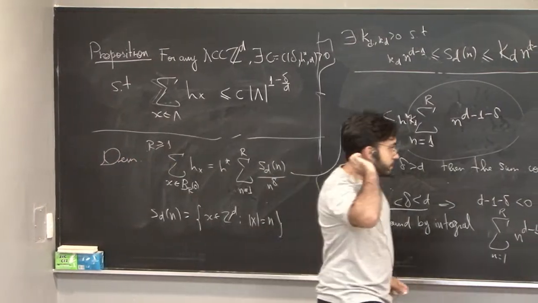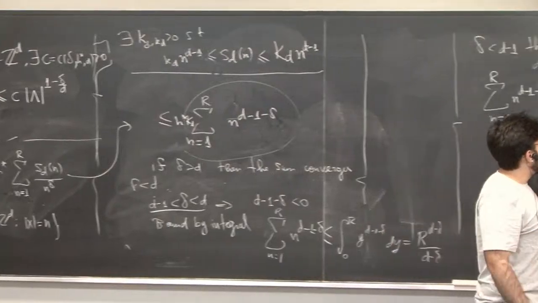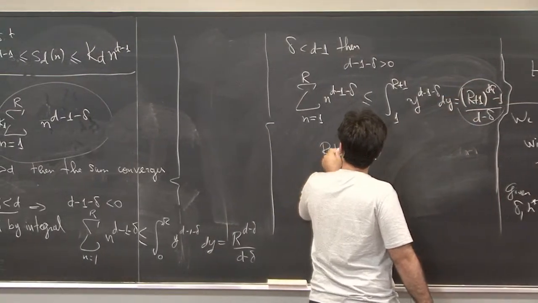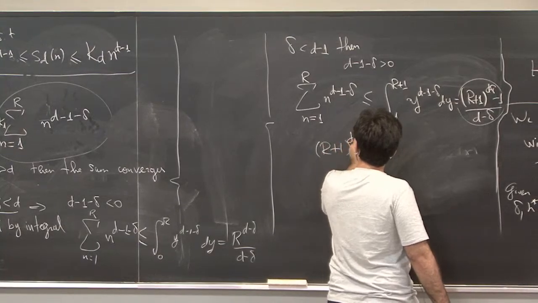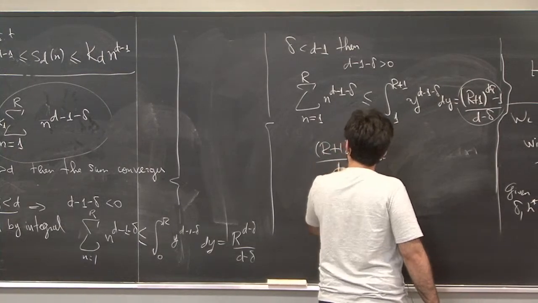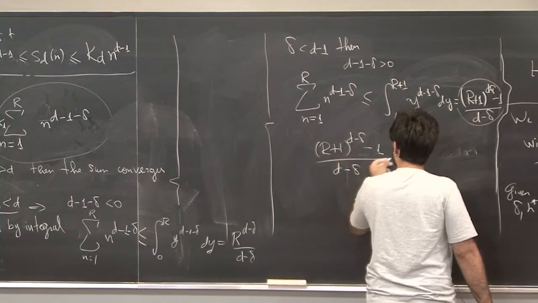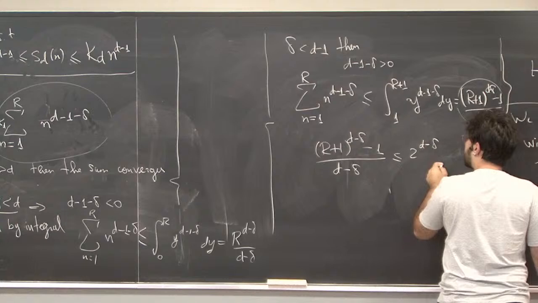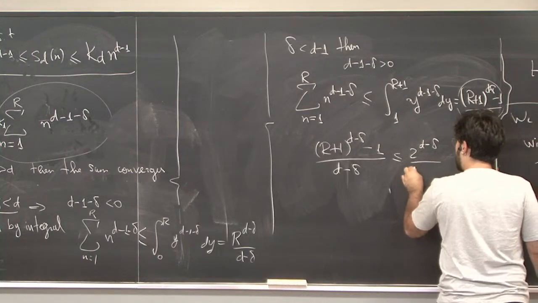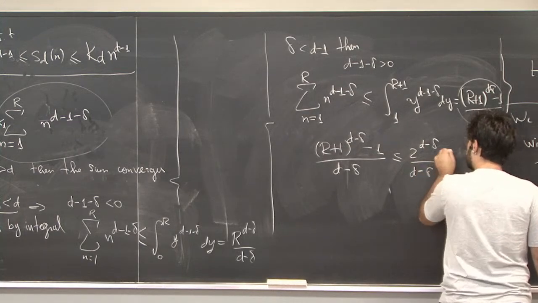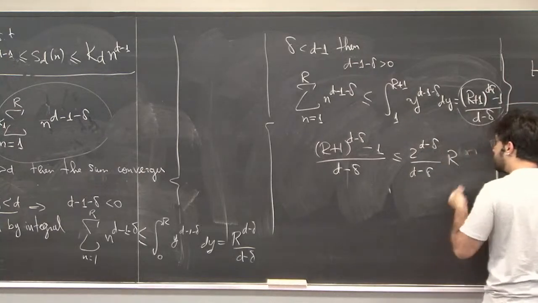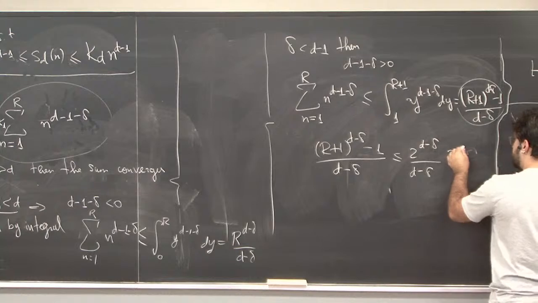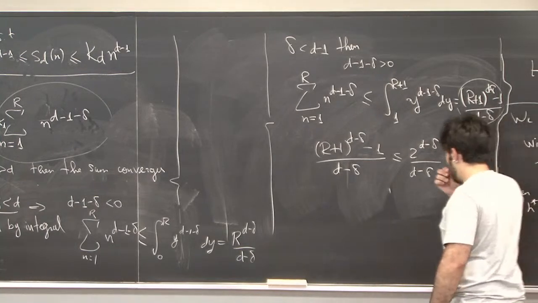So this quantity will be less than 2^(d minus delta) over d minus delta times r^(d minus delta).